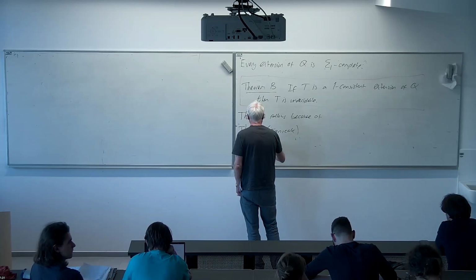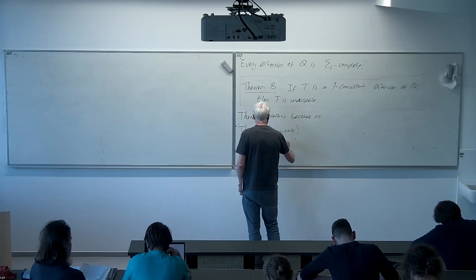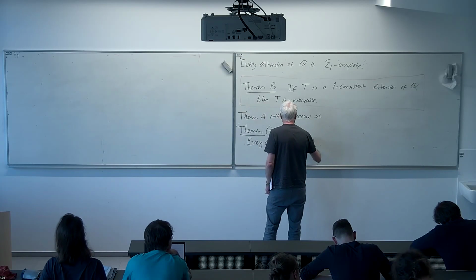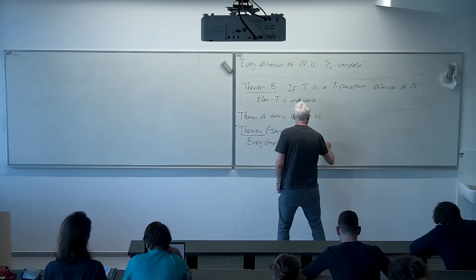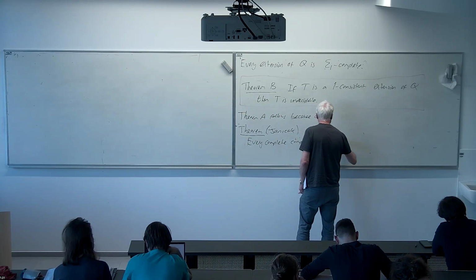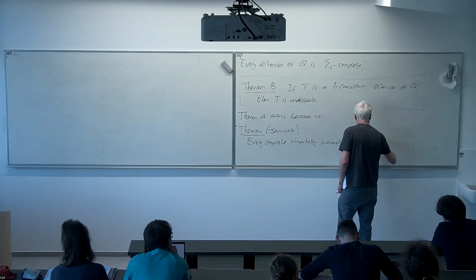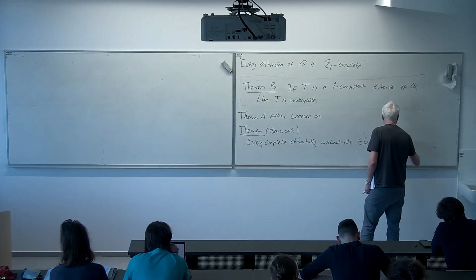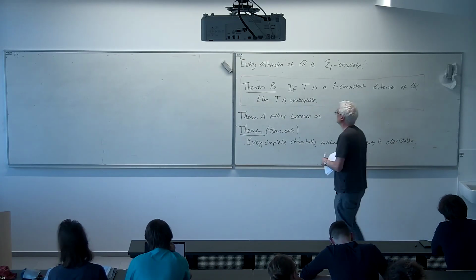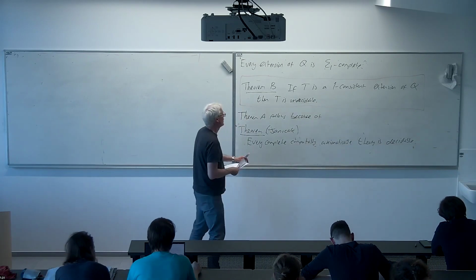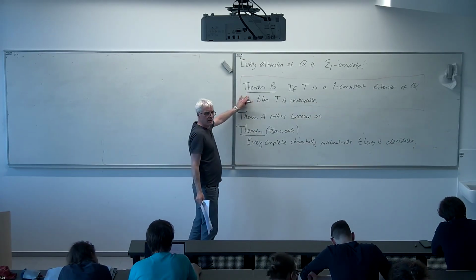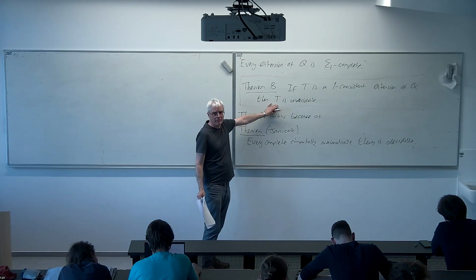Every complete, computably axiomatizable theory is decidable. Okay, so we're going to get incompleteness as a consequence of undecidability.